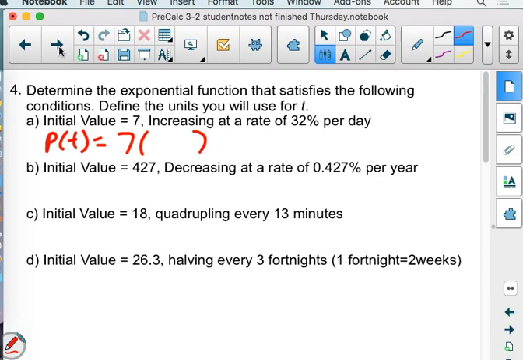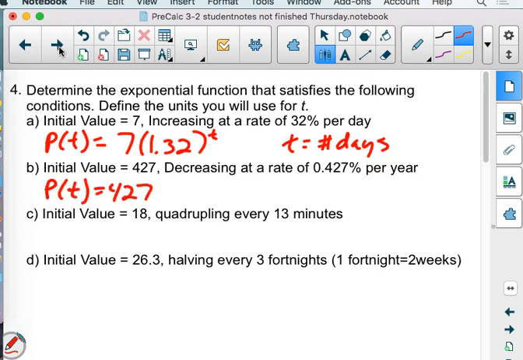What would we need in the parentheses for that to happen? 1.32. All right, and this one says define the units that we will use for t. So in this particular one, what would you use for t? That day, per day. So t could just stand for days. Number of days.